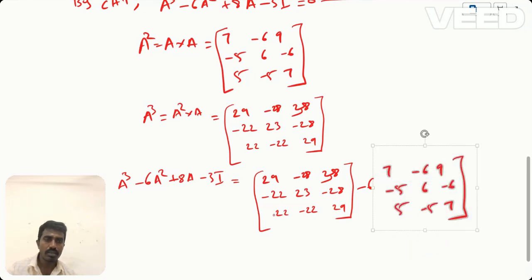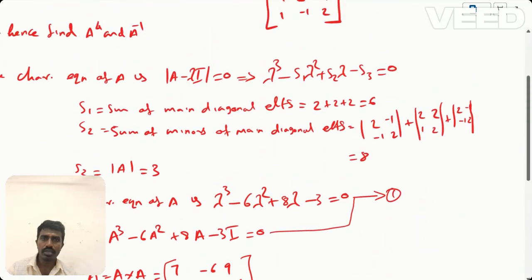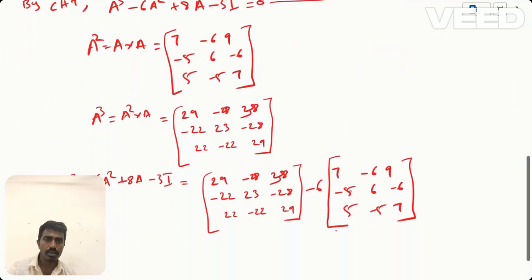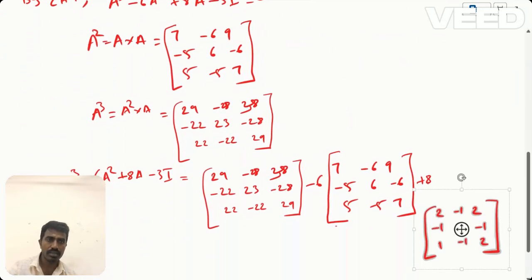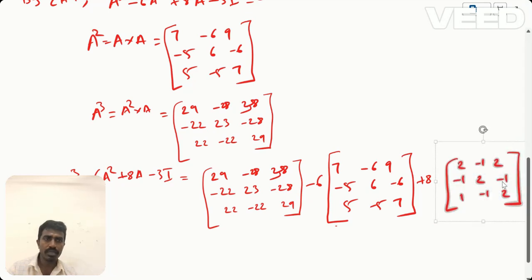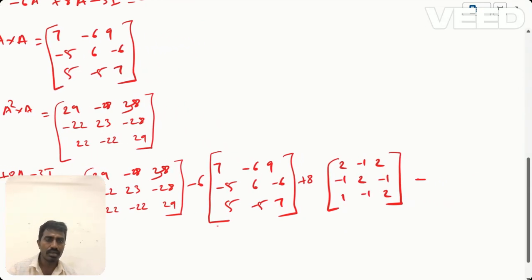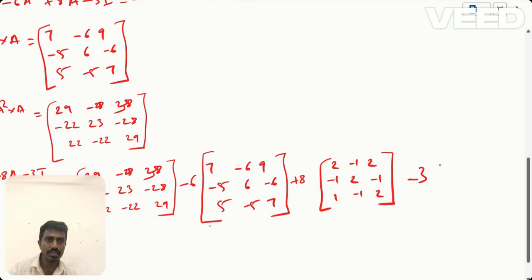Then substitute the A value also. So A is this matrix. You substitute, plus 8 times A, then minus 3 times I. I is the identity matrix, also called unit matrix, 1 0 0 0 1 0 0 0 1.